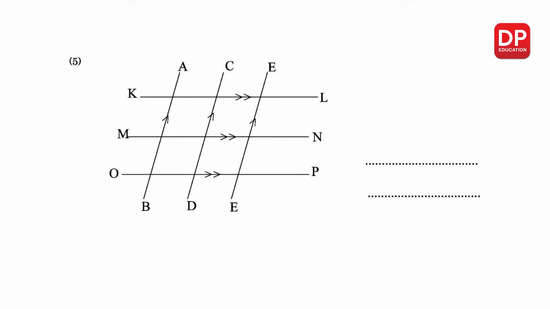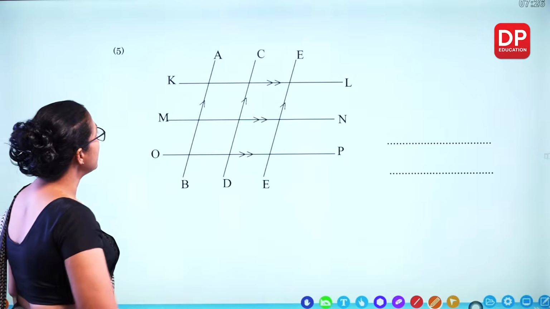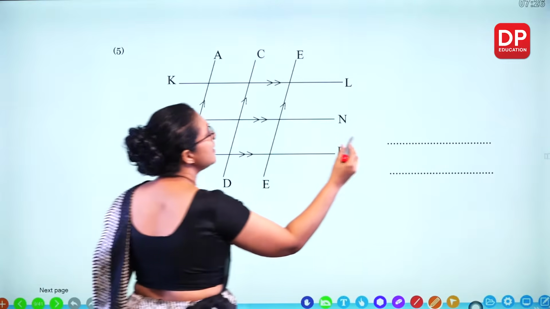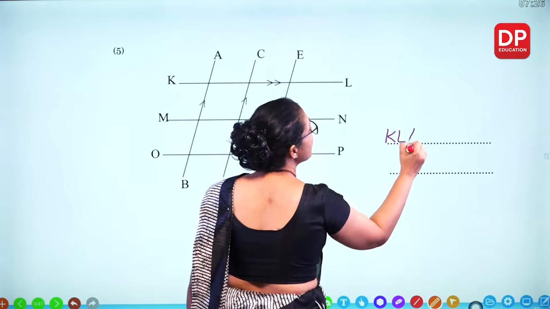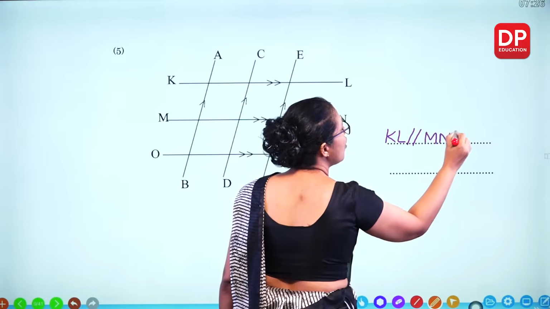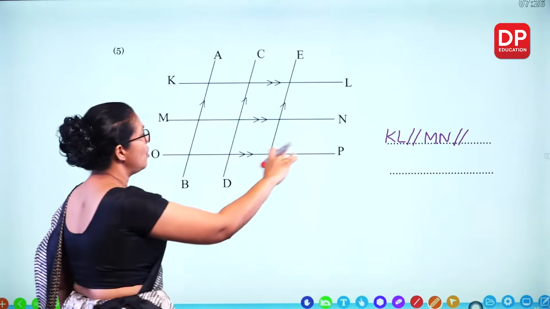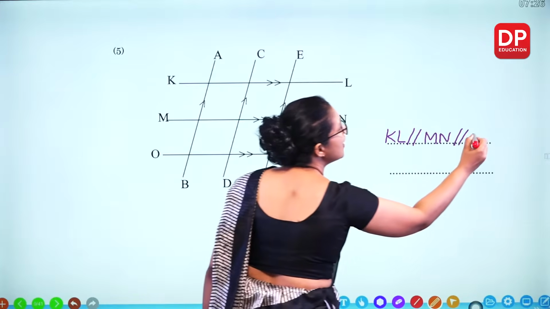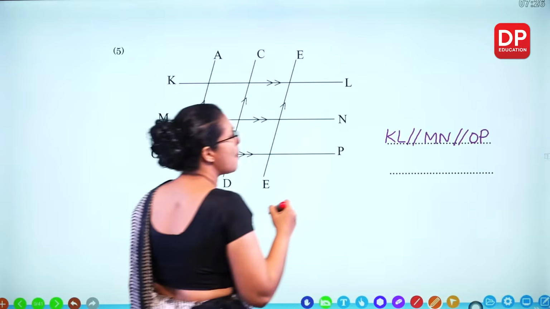Now look at this diagram and identify parallel lines. When you take horizontal lines, KL is parallel to MN, and also parallel to, what's the other line? OP. So these three lines are parallel.